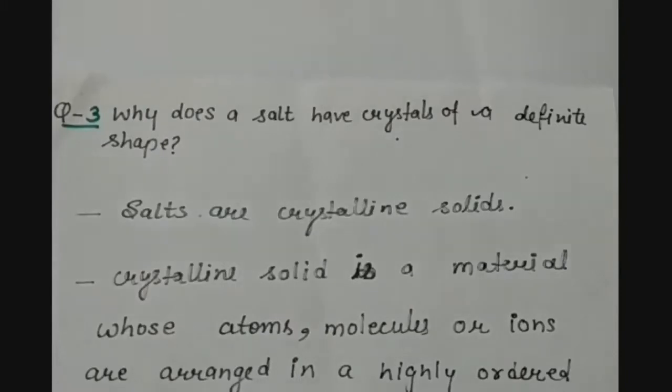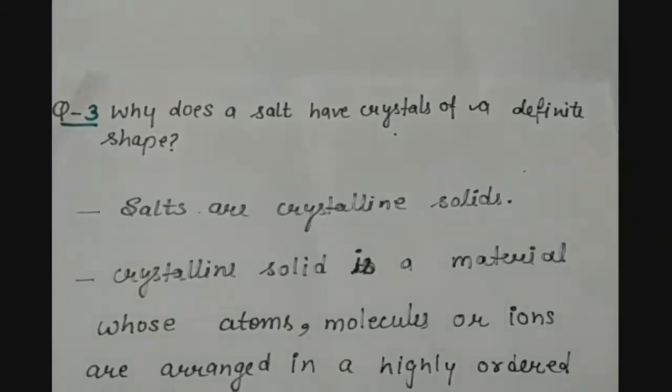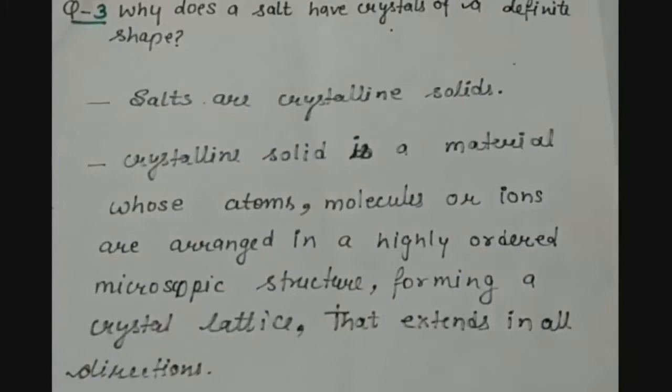Then the third question is, why does a salt have crystals of definite shape? So as we know that salts are crystalline solids. And what are crystalline solids? A crystalline solid is a material whose atoms, molecules or ions are arranged in a highly ordered microscopic structure forming a crystal lattice that extends in all three directions, and hence there is a formation of crystalline solid.